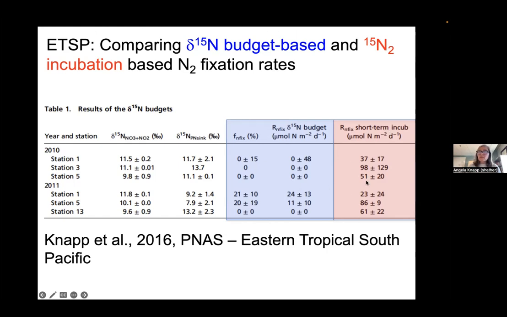If you compare these with the 15N2 uptake, so sort of the traditional bottle-based rates of N2 fixation, what's interesting is that these are still pretty low if you put them in the global context of all the rates that we've seen, but they're always higher than the delta N15 budget-based rates. And that's something that we have seen a lot of, is that the bottle-based rates are always higher than the geochemically based rates. But what we wanted to do next was compare these with molecular data.